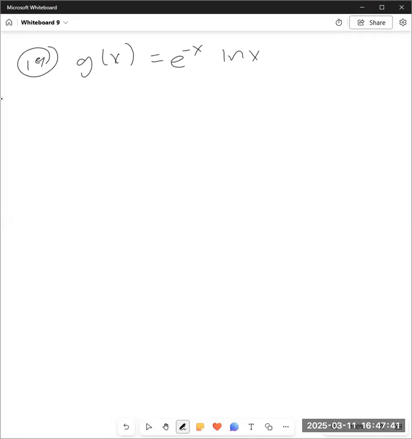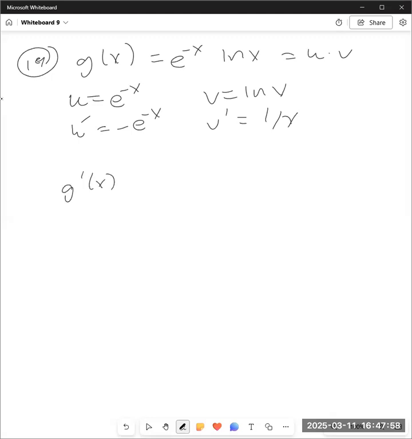So we have u is equal to e to the negative x and v is equal to ln of x. U prime is negative e to the negative x and v prime is equal to 1 over x. If this is u times v, I say g prime is u prime v plus v prime u.